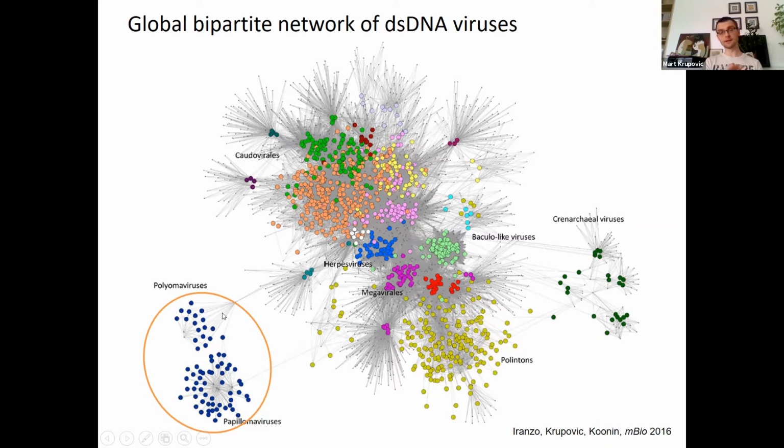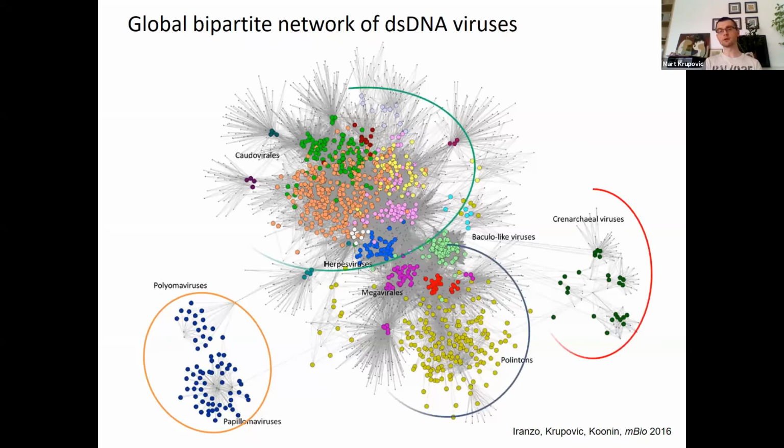So in this global network of double-stranded DNA viruses, apart from polyoma and papilloma viruses, we can recognize 3 other supermodules, which all include many different families of double-stranded DNA viruses.